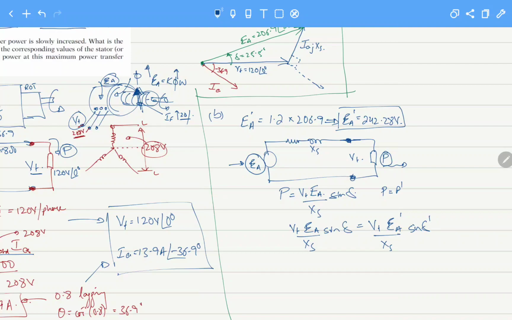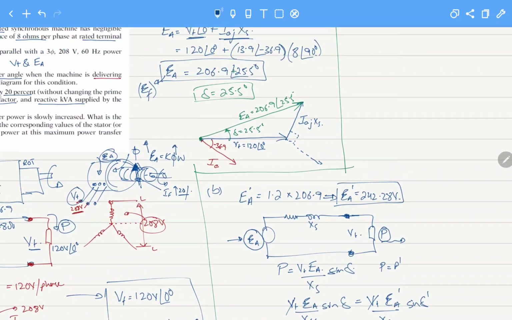So if we compare these two, this becomes EA sine delta equals EA prime sine delta prime.